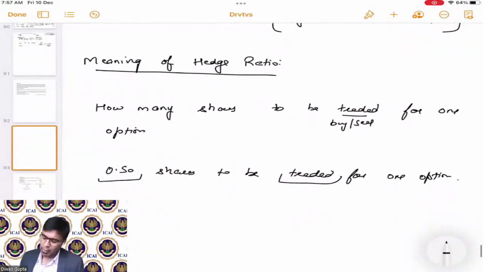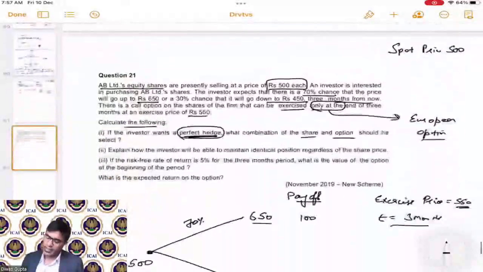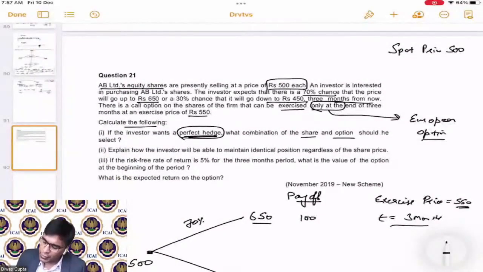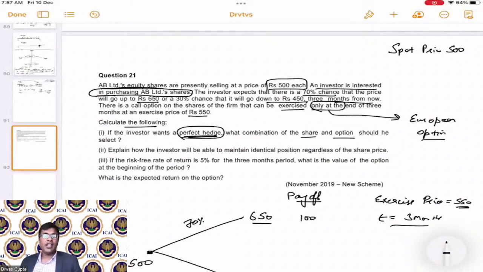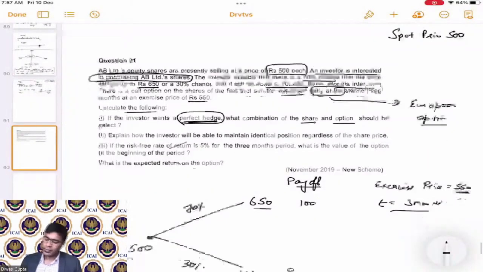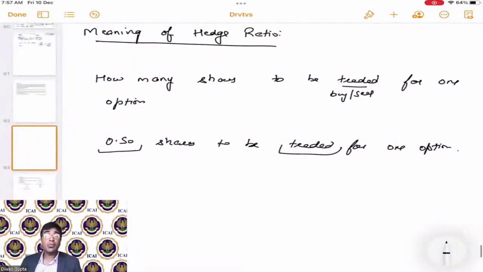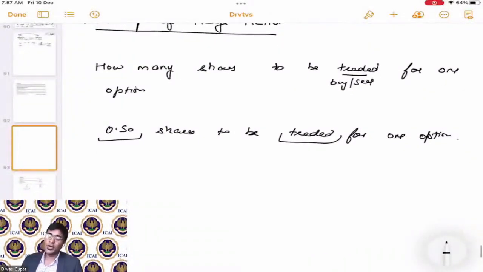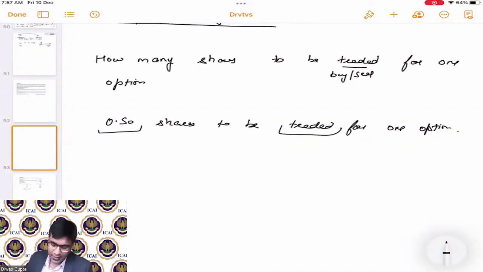So as far as the spot market is concerned, the question has very categorically said, and I have also asked you to note this point, that an investor is interested in purchasing the AB Limited's share. That means in spot market, he will be purchasing the shares. If in spot market he is purchasing the shares, now I am coming to one of my case, the four cases that we have discussed.